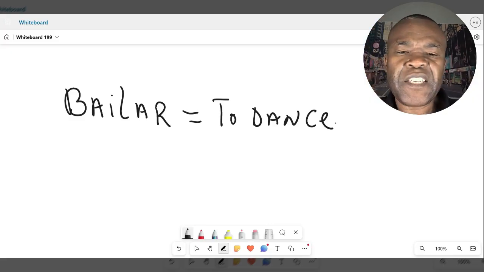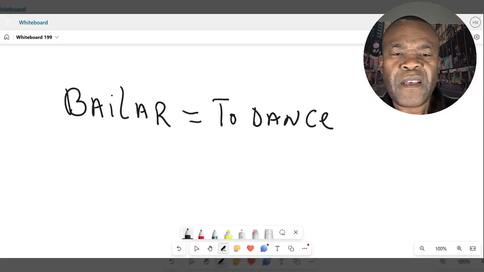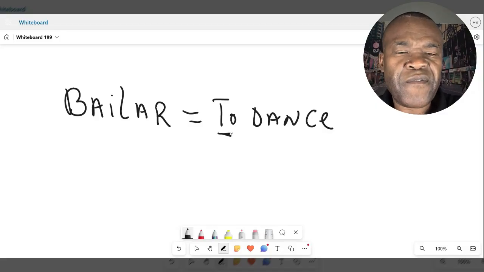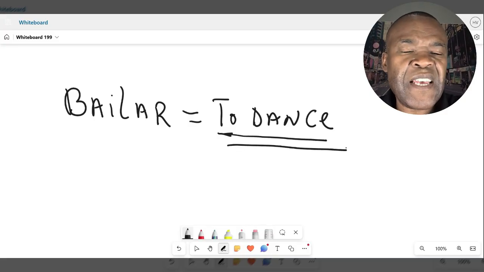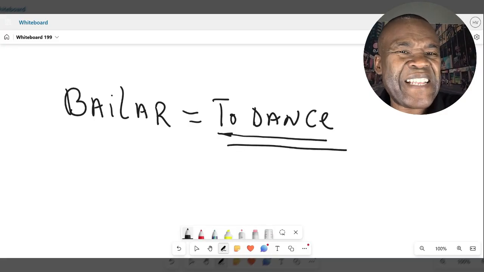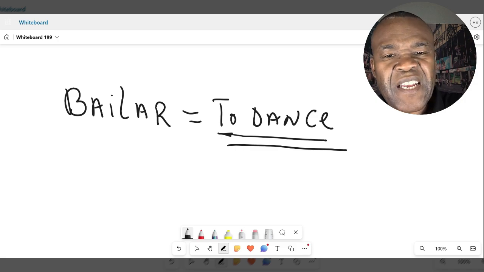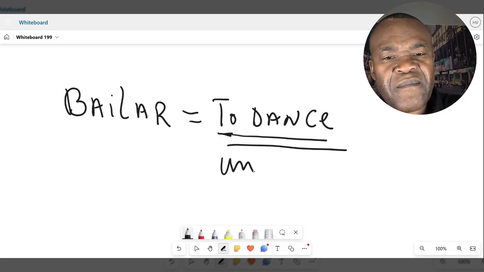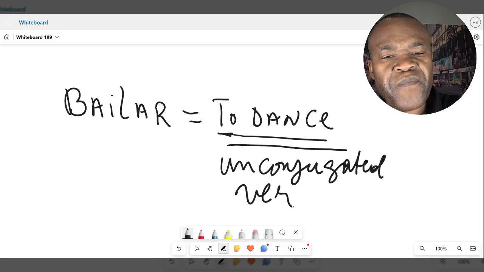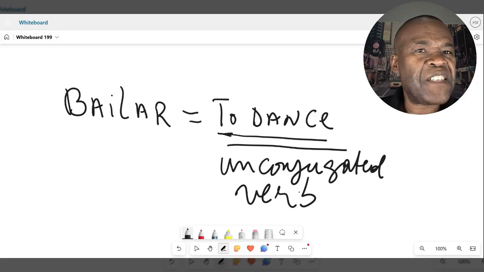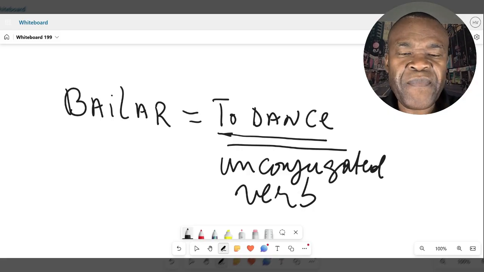Okay? In English, when you see the preposition to in front of the verb, it means that this is the infinitive form of the verb. Okay? It means that this verb is not a conjugated verb. It's an unconjugated verb. Okay? When you see the verb in its infinitive form.